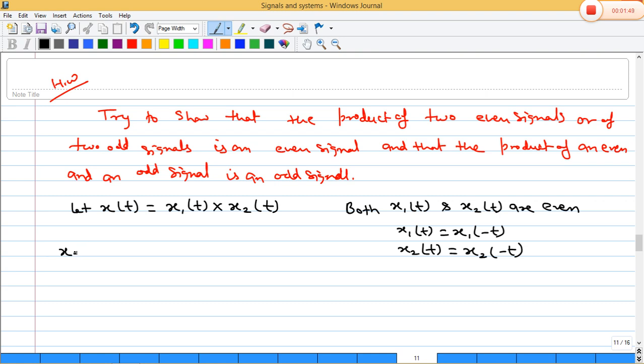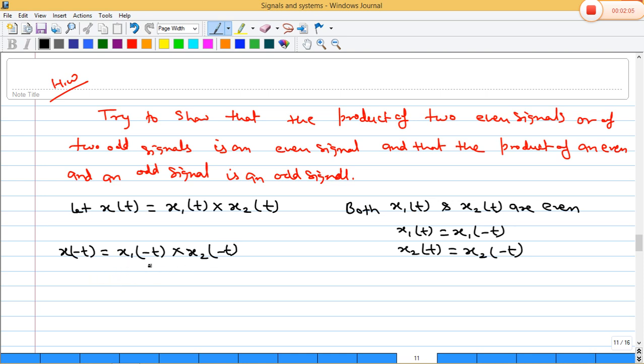Let's replace t with -t, and here also x2(-t) will be there.